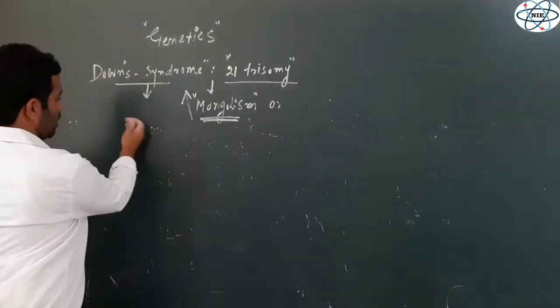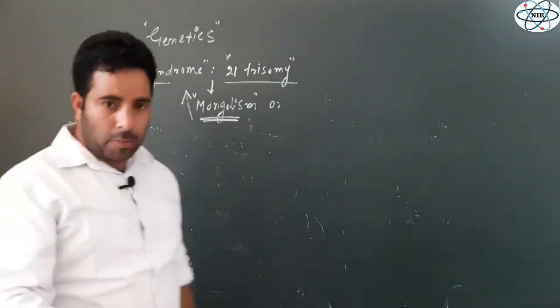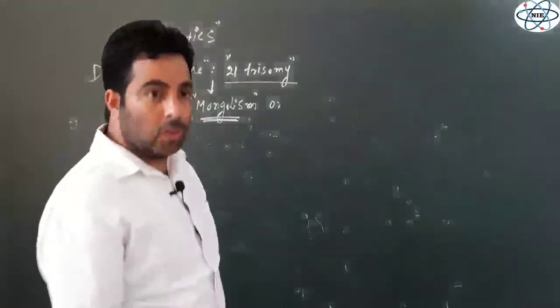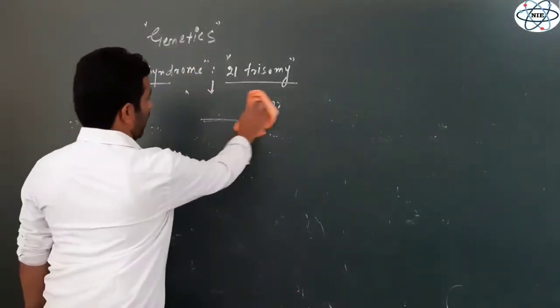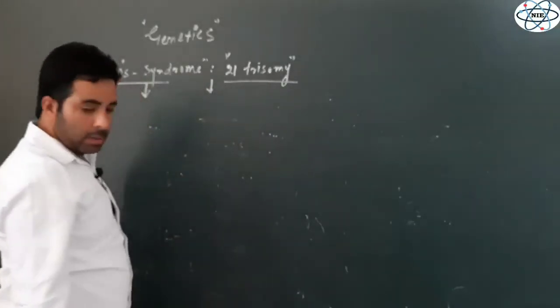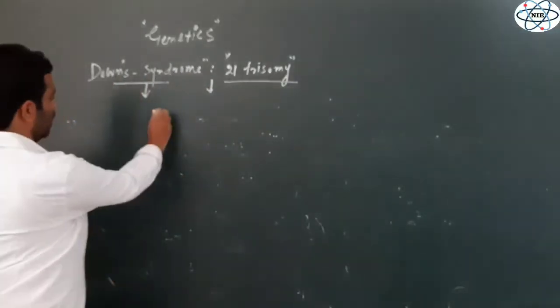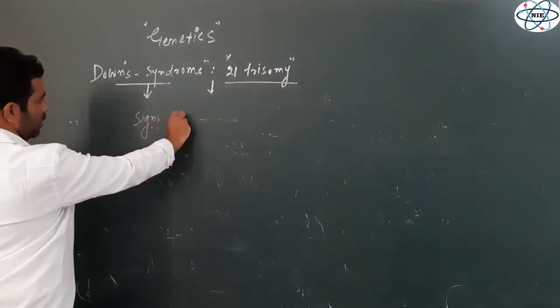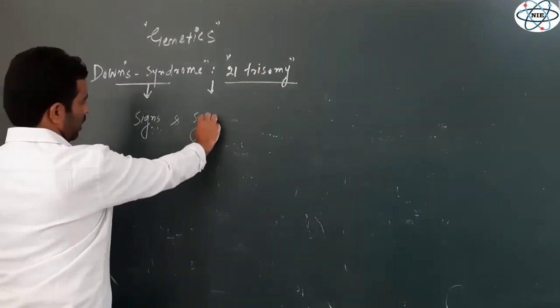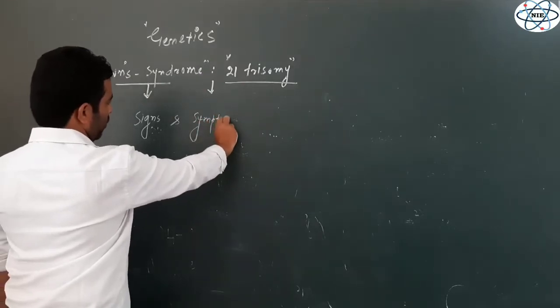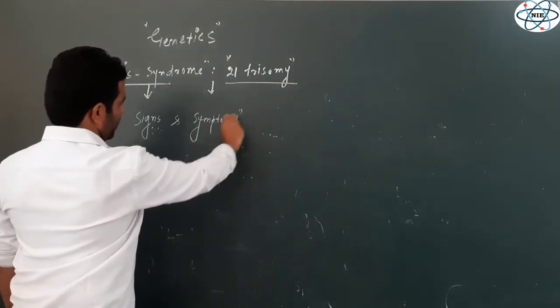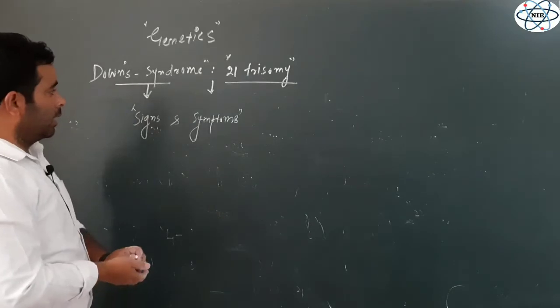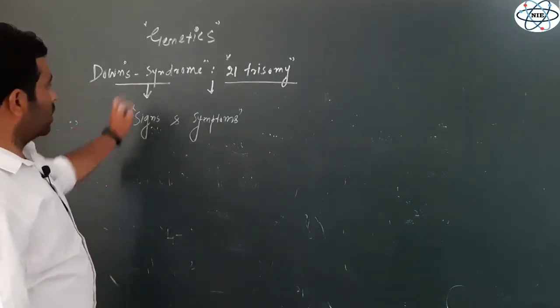Let's discuss some of the important signs with the help of which you can diagnose, you can recognize a patient with Down's syndrome. So let's write here signs and symptoms. How you can locate a person from the distance, without doing the test, without doing the diagnosis, that this individual is with Down's syndrome.